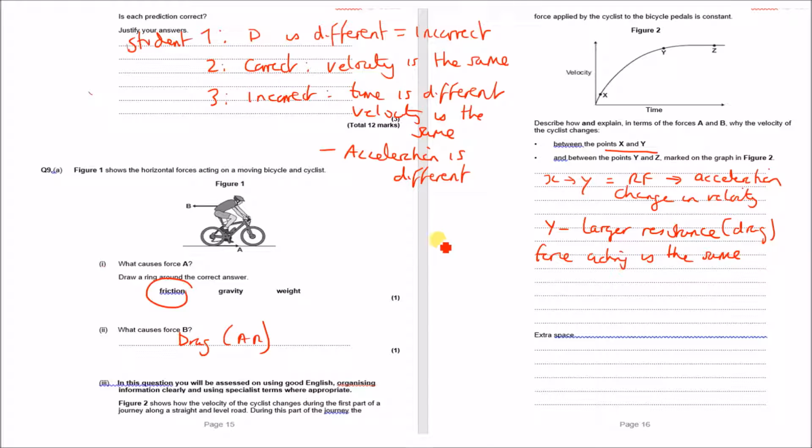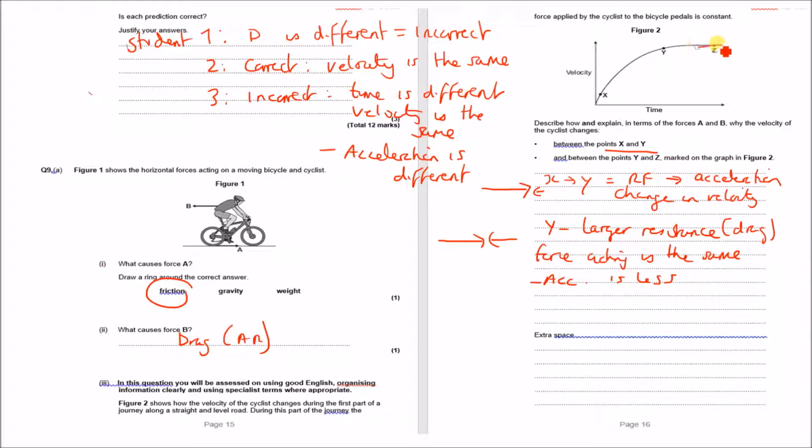In this case it's a cyclist, but we've got the force of the pedaling cyclist pushing forward, and drag has increased. So between X and Y, the first point, we've just got this forward force pushing forward. We've got very little resistance, and that creates a much bigger resultant force and therefore a great acceleration. When we get to Y, we've still got this same forward force, but the resistive forces have increased, and therefore the acceleration is less.